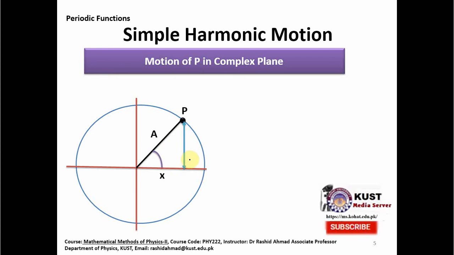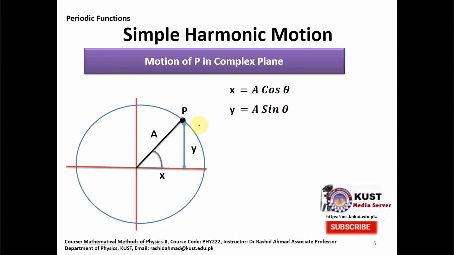If this is theta, then we can write the expressions: x will be equal to a cos theta, where a is the hypotenuse of this triangle or the radius of the circle, and y will be equal to a sin theta.